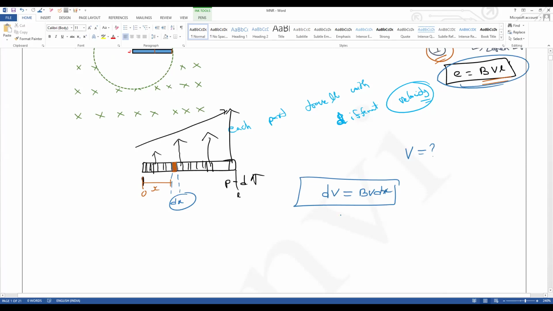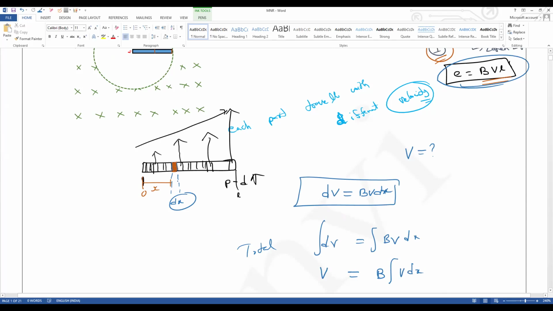Then we have to apply integration. So the total is the integral of dV equals the integral of BV dx. Integration of dV is V. Now B is constant, am I right, guys? Then does V vary or remain constant? V varies. That is our story.